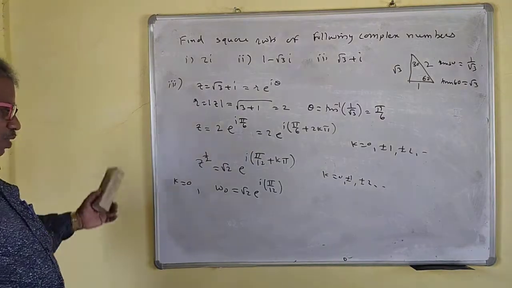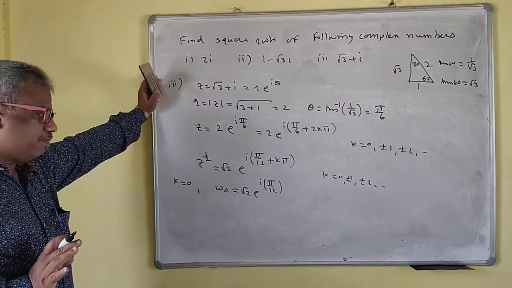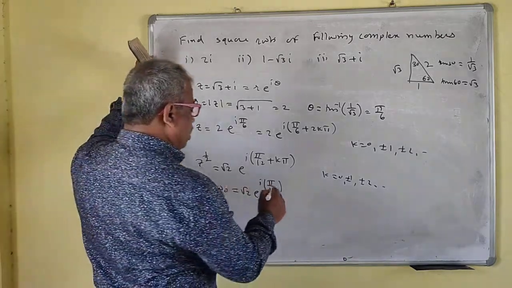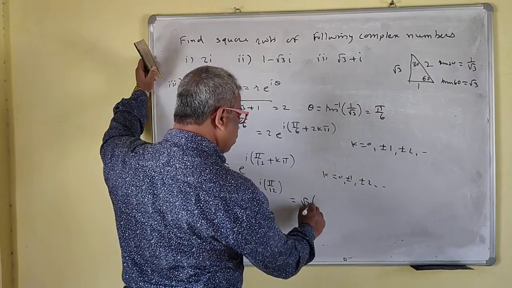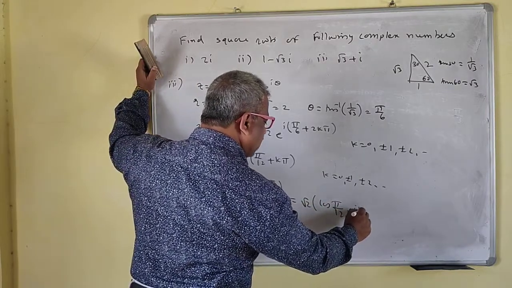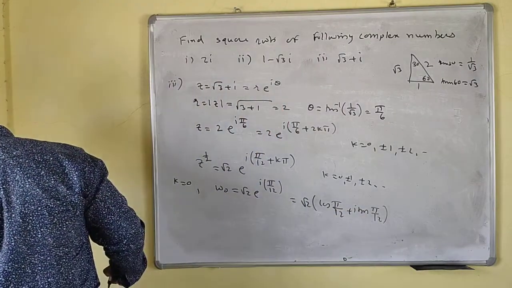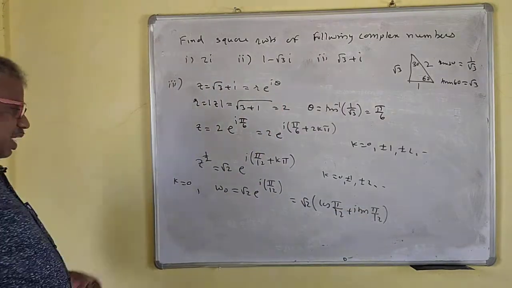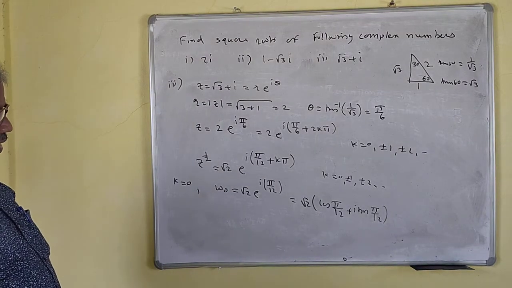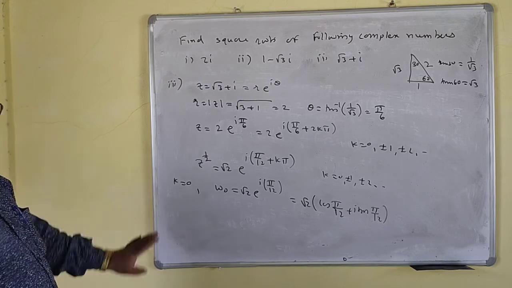If you are not able to find the value of this one, keep this as it is, no problem. We will not find the value of cos pi by 12 and sin pi by 12, because you cannot convert this in terms of known values.